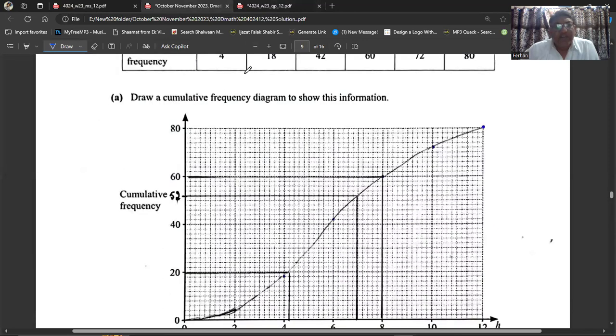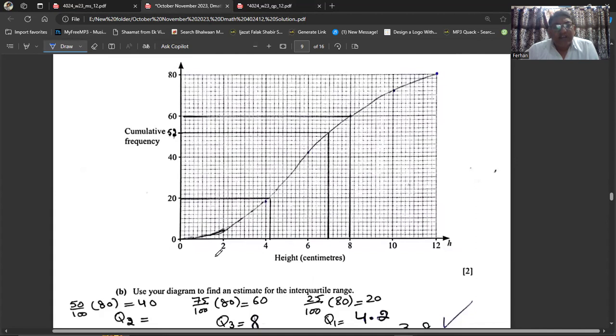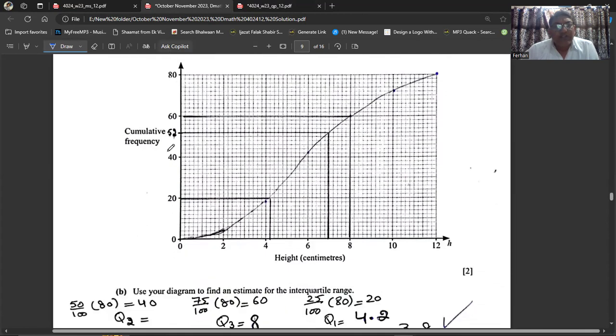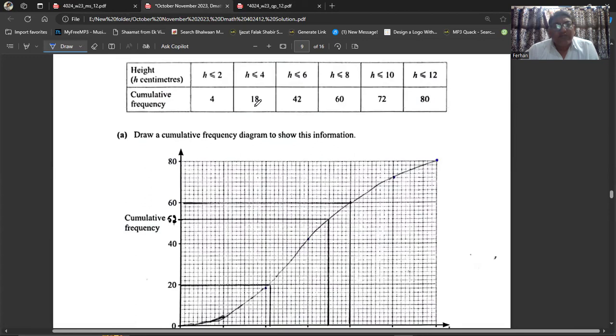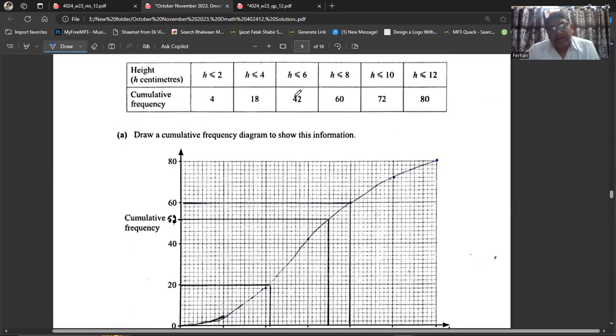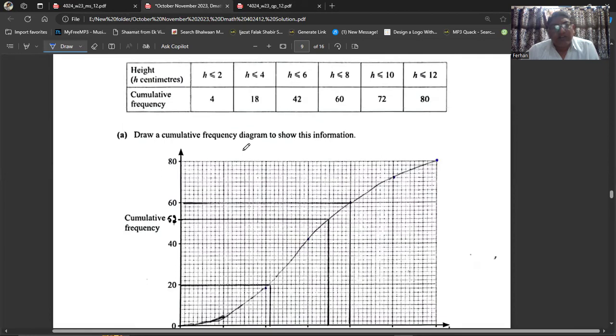I will plot these points. So you can see I have taken here 2, 4, 6, 8, 10, and 12. At 2, I will put a dot of 4. At 4, you will put a dot of 18. That dot is here. At 6, you will put a dot of 42, this dot.